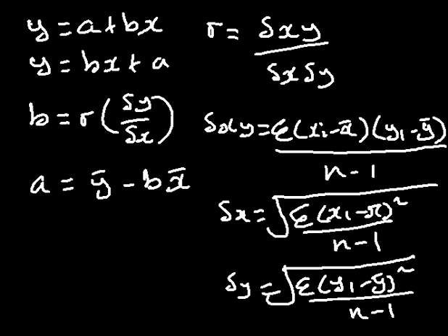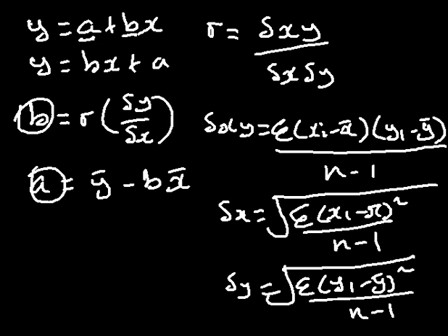So just a reminder, these are the formulas that are used to get the value of the correlation coefficient, and from there you can get the value of b as well as a using this formula. Upon having a as well as b, you can substitute into this equation.